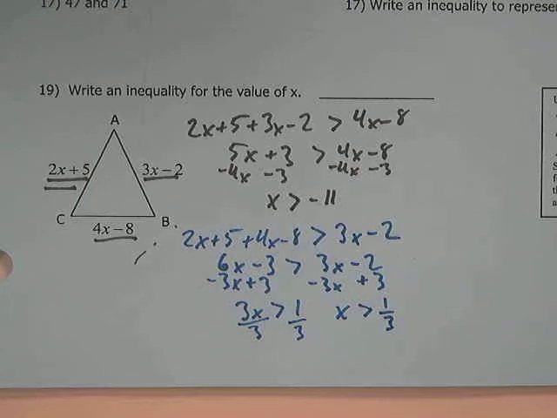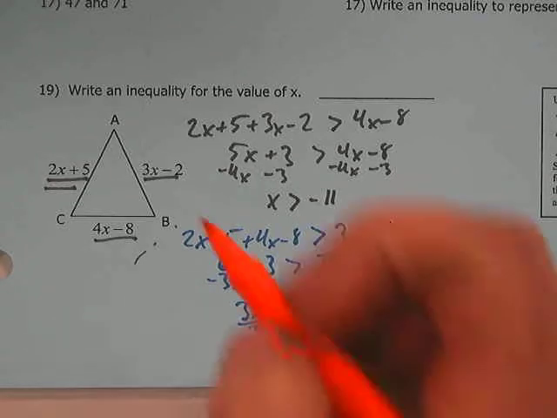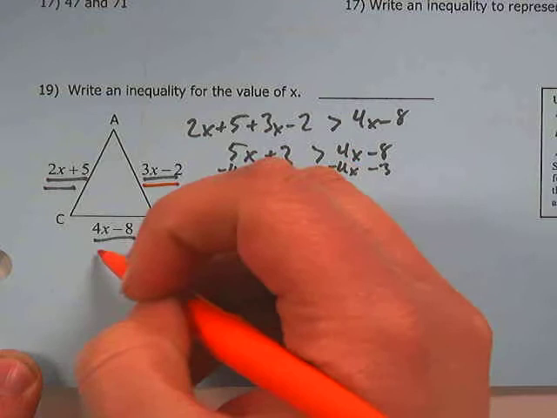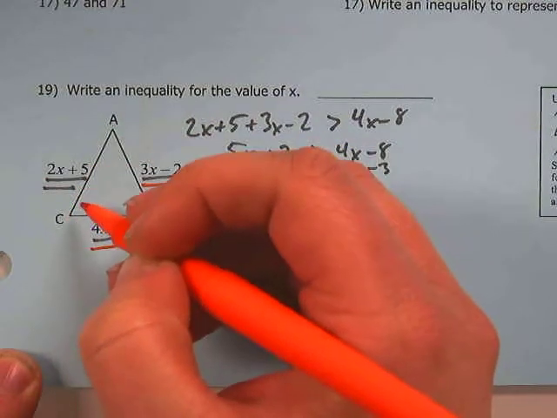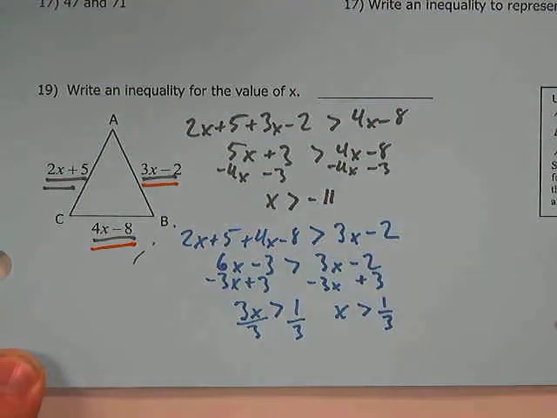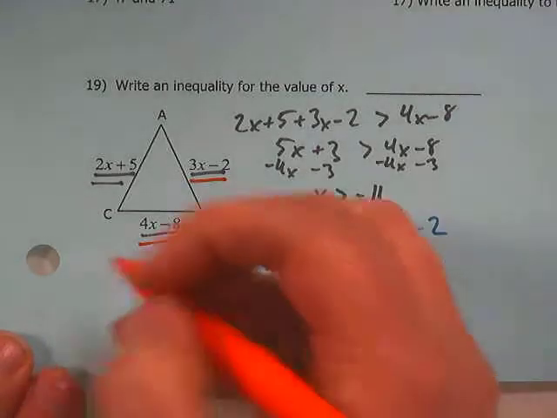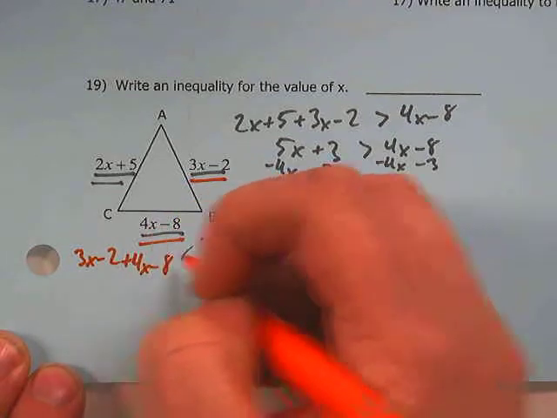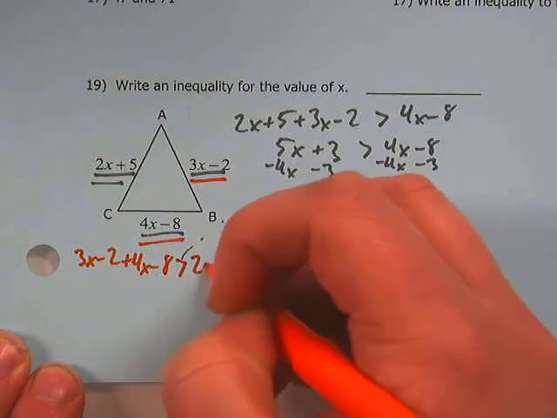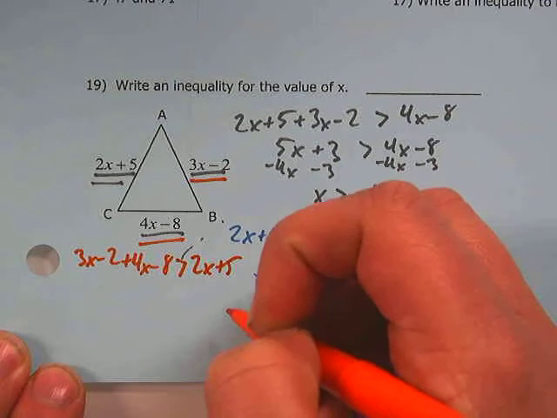Okay, but we're not done yet. We have one more inequality to try, the third combination that we haven't done yet. And that would be if we add up these two, 3x minus 2 and 4x minus 8, that has to be bigger than our third side, 2x plus 5. So let's do that one. We have 3x minus 2 plus 4x minus 8 is greater than 2x plus 5.